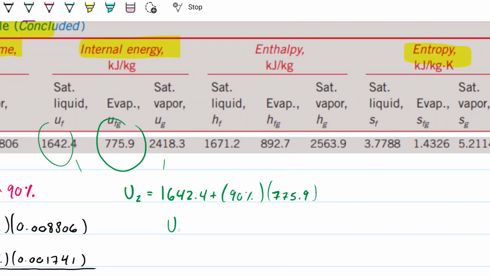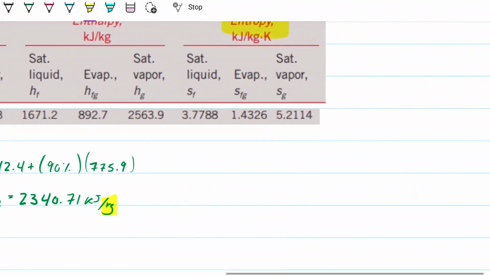So U2 ends up being 2,340.71 kilojoules per kilogram. And just a reminder, we don't want this kilogram here. We want to get rid of that to be able to relate the other property that we have.